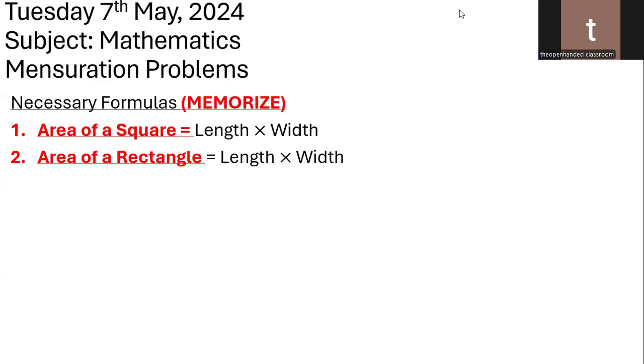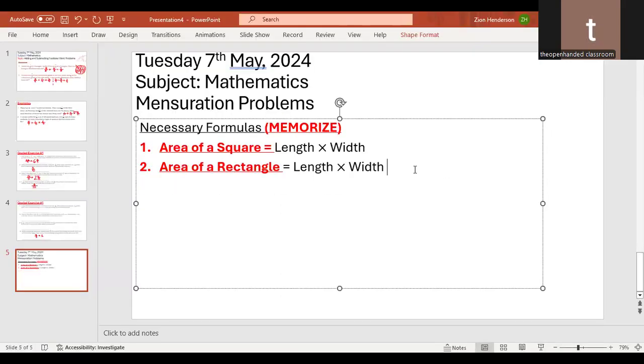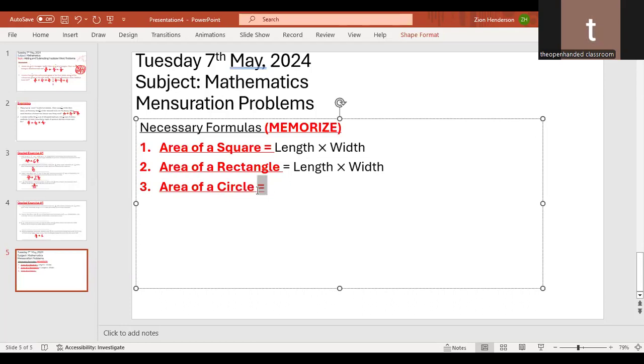Now, what else did we learn yesterday? The next one is the area of a circle. Now when we look at the circle, we have to consider its area.